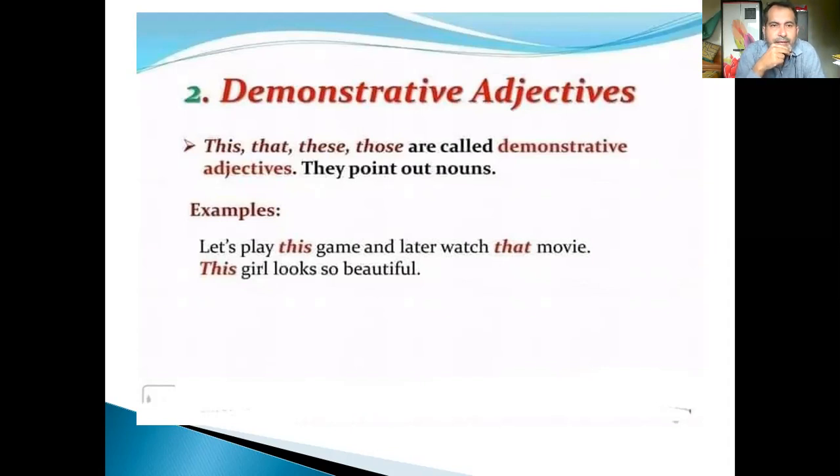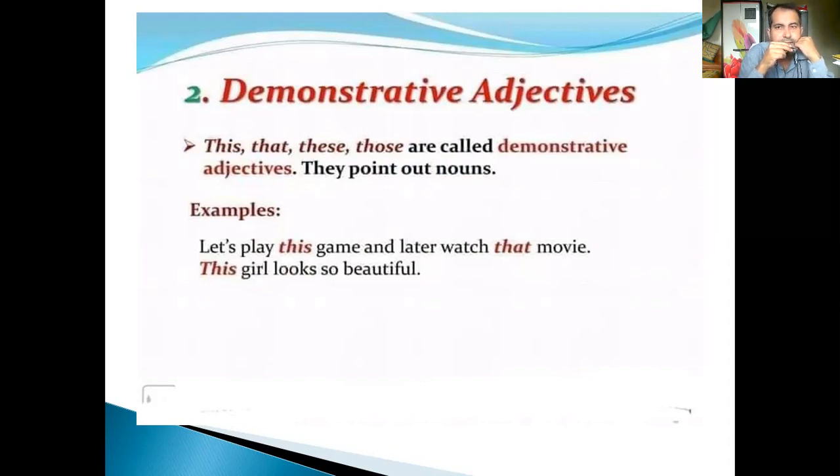So let's look at the example. Let's play this game and later watch that movie. In this sentence, this and that are the demonstrative adjectives, because this mentions the particular game, and in the later part you say watch that movie.